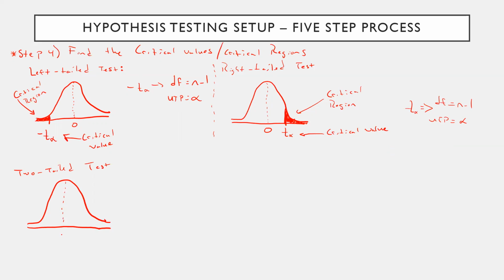A two-tailed test has two critical values: t of alpha divided by 2 and negative t of alpha divided by 2. So it has two different critical values, and it has two different critical regions.